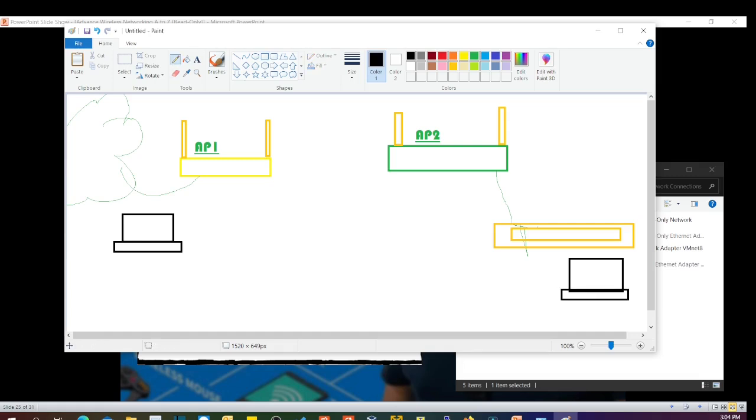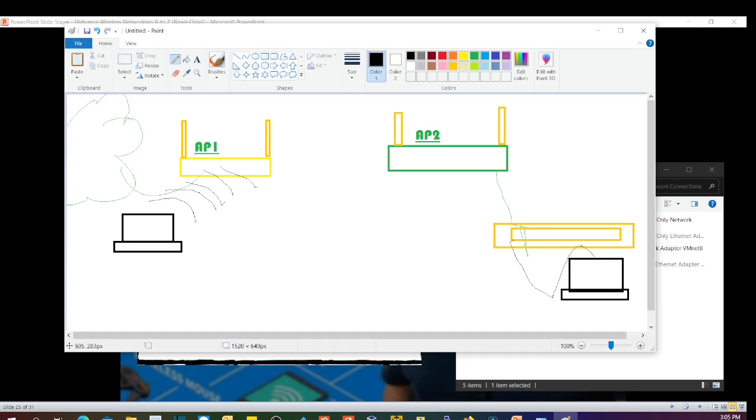Remember that. So this one is connected to wireless with AP1 because this is a wireless access point. But in this scenario, this one is connected to wire. My laptop is connected to wire.